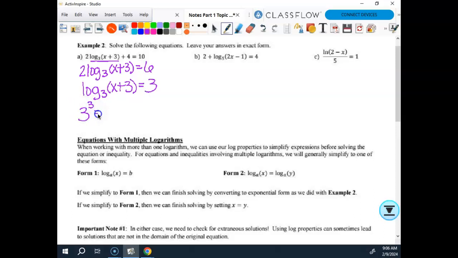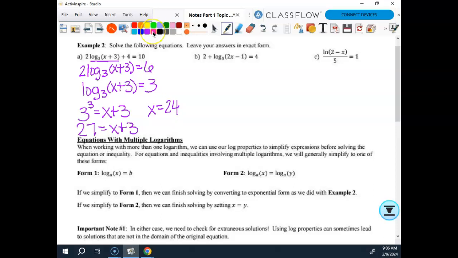Third power equals x plus 3. What's 3 to the third? 27. So 27 equals x plus 3. So x equals 24. Any questions?